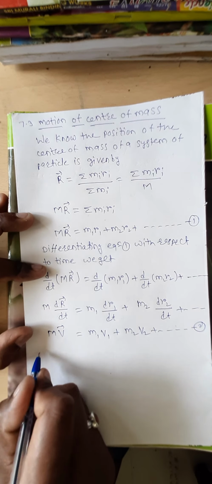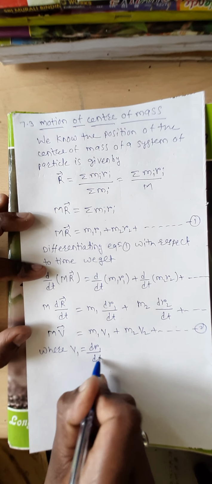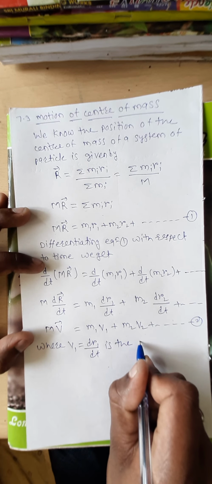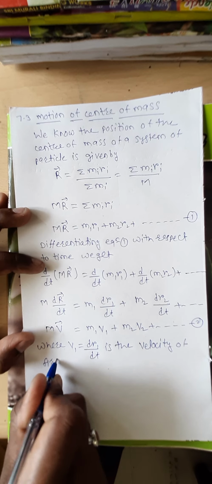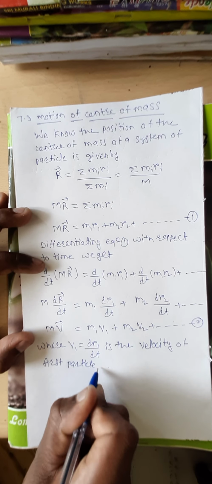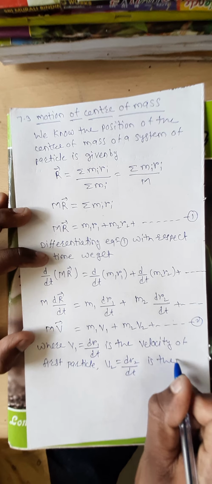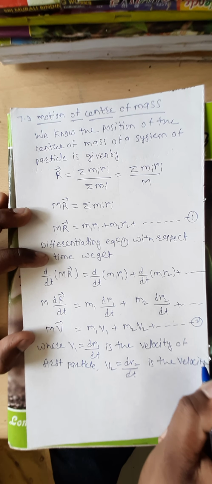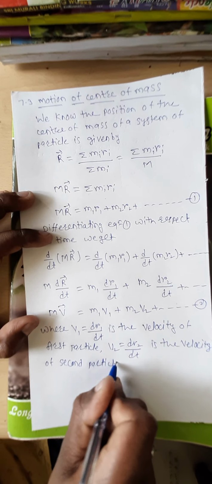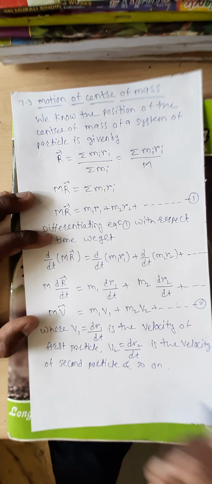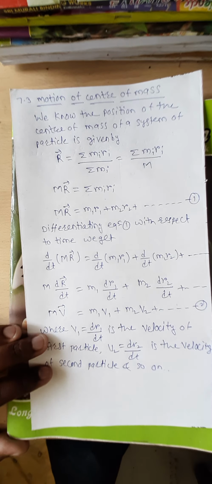Now this is equation number 2. Where v1 is equal to dr1 by dt, the velocity of the first particle, v2 is equal to dr2 by dt, the velocity of the second particle, and so on, m3 v3 and m4 v4.